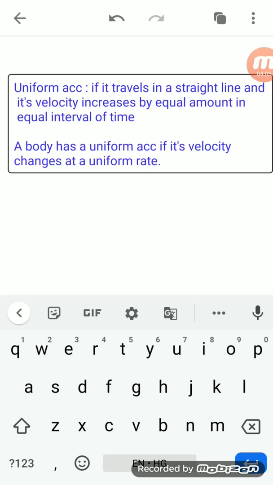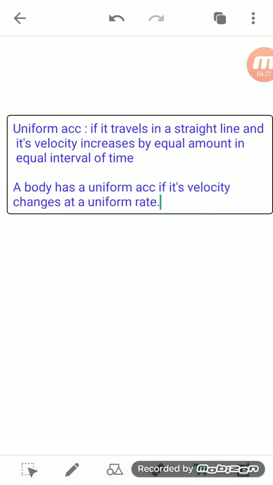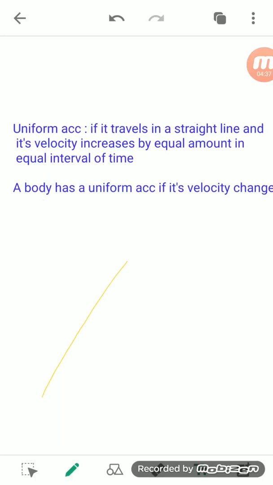That kind of motion is a uniformly accelerated motion because the velocity is increasing in an equal amount in an equal interval of time. Or when a ball is rolling down an inclined plane, that kind of motion is also uniformly accelerated motion.